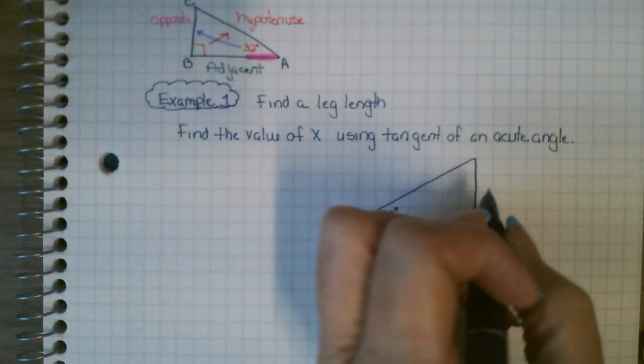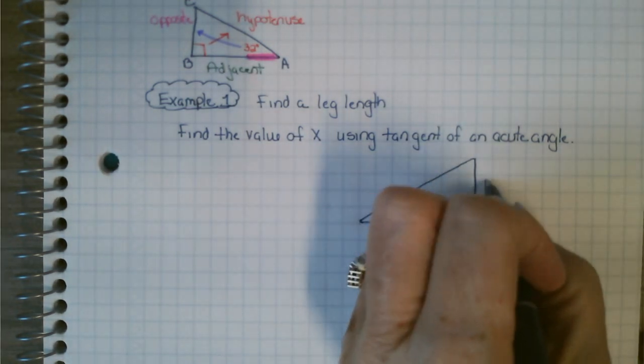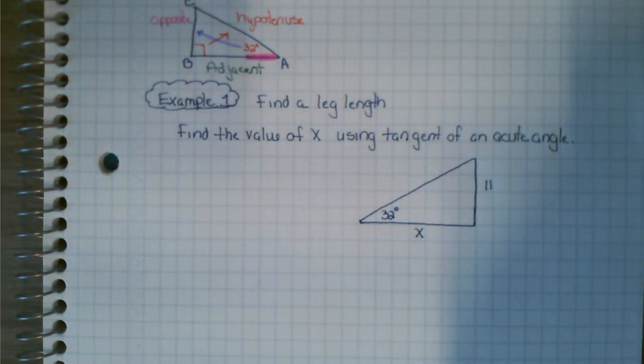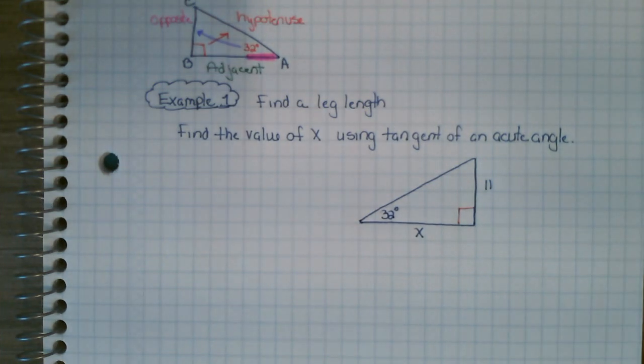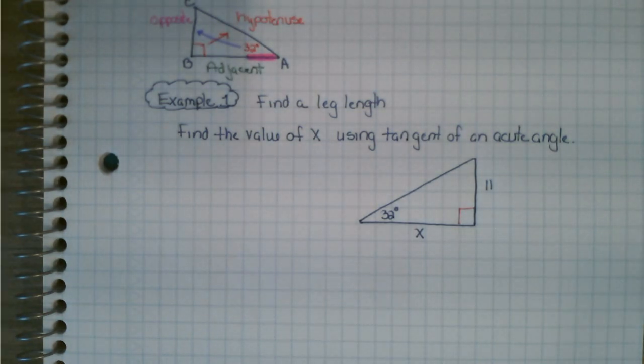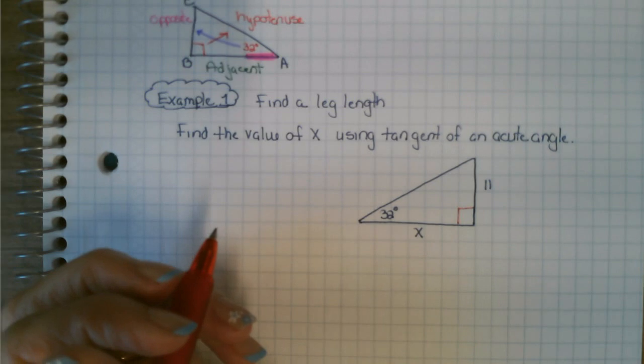I've got an X. I've got 11. And then I have my right angle. When you do these problems, the first thing you need to do is label each side. If you don't label each side, you're not going to get these correct, and you're going to have difficulties with it.